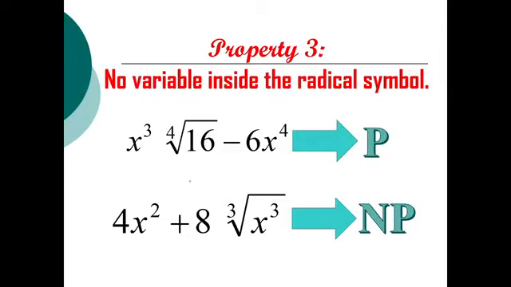Take note, there is a variable inside the radical symbol, but I'm gonna change this to fourth root. This is the fourth root of x cubed. So take note, this is not a polynomial since there is a variable inside the radical sign. In this one, there's no variable inside the radical sign, therefore, this is a polynomial. The second one is not a polynomial.